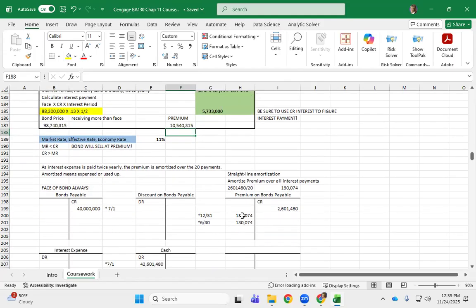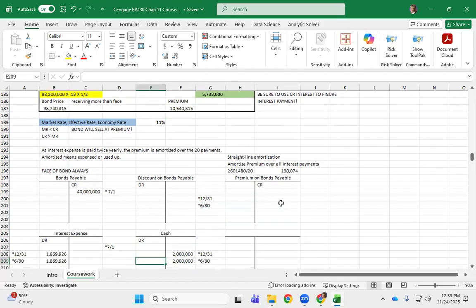So we're going to figure out how this is going to be put in to issue the bond. We're going to issue the bond and do pretty much what we did for the discount. Let me bring this over to the side.